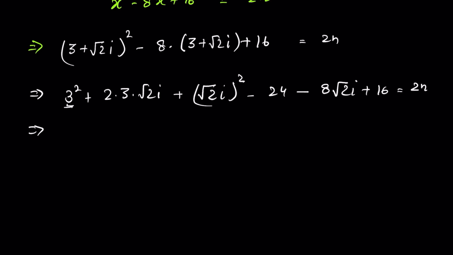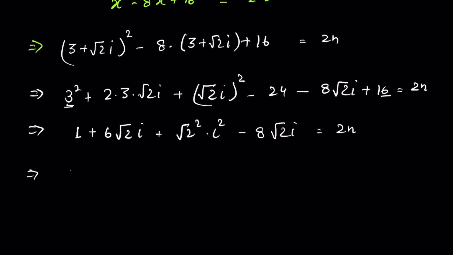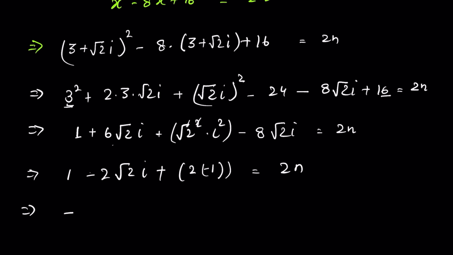So 9 + 16, 25 − 24, 1 + 6√2 i + (√2)² i² − 8√2 i equals 2n. So 1 + 6 − 8, so −2√2 i. The square root gets cancelled with this square, so it is 2 and i² is −1. So this is −1 − 2√2 i equals 2n.